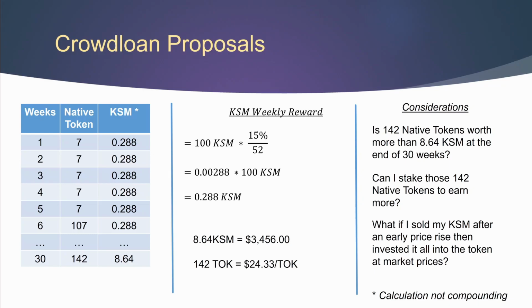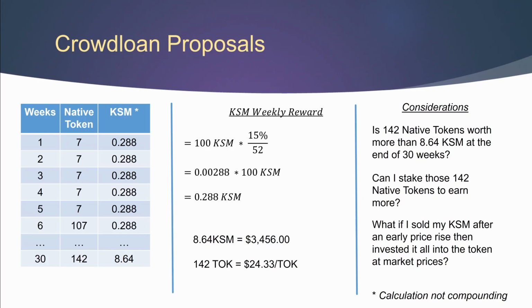Now, the last point is, what if you sold your KSM? There's a price rise or something, because everyone wants to get KSM now to invest in crowd loans. So you sold your KSM and you invested all of it into this TOK at a low price at the beginning.